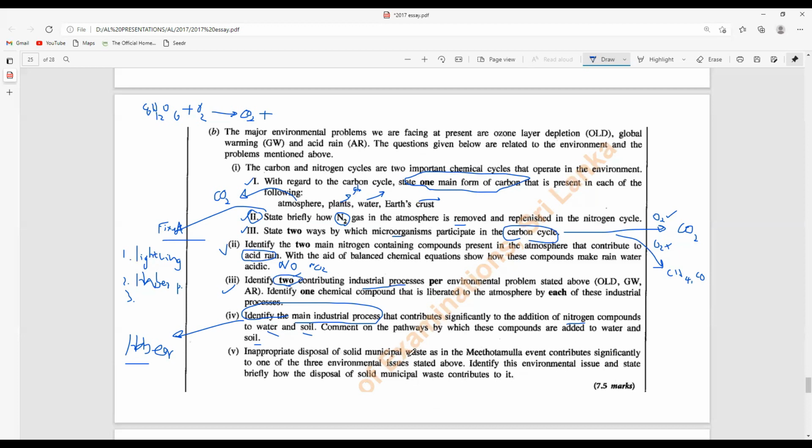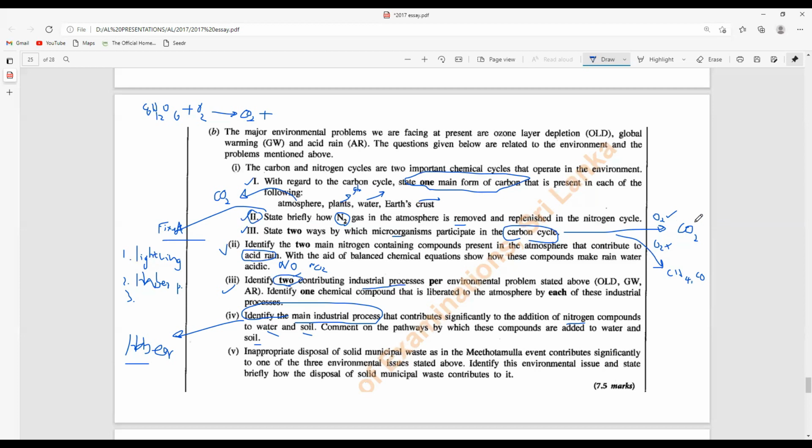So in these carbon compounds and in this waste, there can be many microorganisms that undergo aerobic and anaerobic respiration, right? So they decompose all these materials, giving CO2 and methane. So CO2, that is what we discussed here in question number 1, part 3.